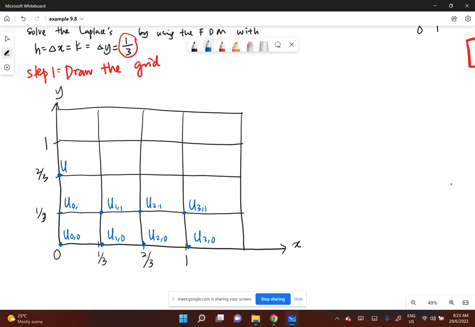This is U02, U12, U22, U32, U03, U13, U23, and then U33. So just repeat what you learned previously.